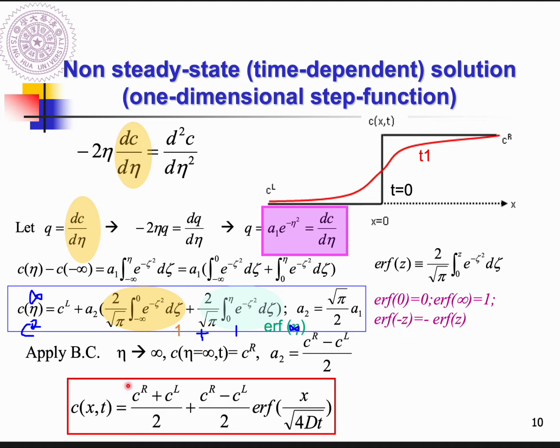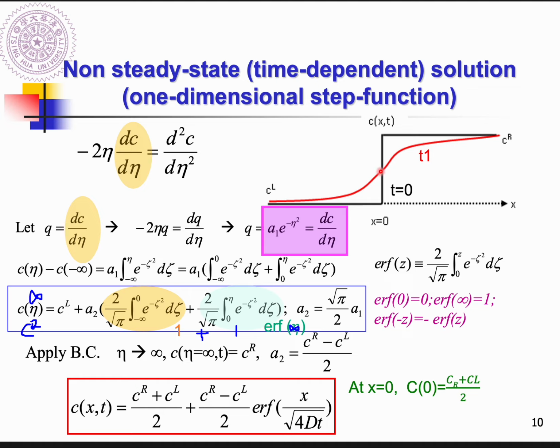Under this situation, the solution for this diffusion couple, or diffusion equation, would be the average of the sum of Cr plus Cl, plus the average of the difference between Cr and Cl times the error function of iota. So this is the solution for the diffusion couple. And some interesting stuff you need to keep in mind: there are 3 important points that do not change with time. The first one is x equals 0.